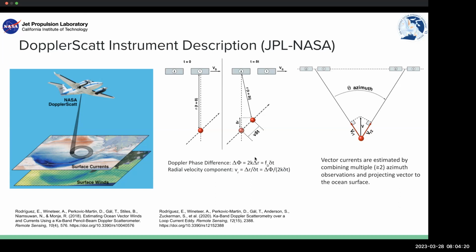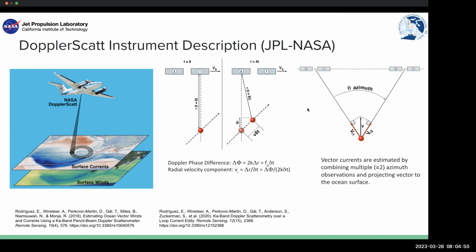And you can relate that phase difference to a change in range between the sensor and whatever is scattering, little red balls in this case. And so you divide that range change by the time it took to go from one place to the other, and call that a radial velocity. And then you can do that for multiple azimuth angles, and then you can retrieve a vector out of it.